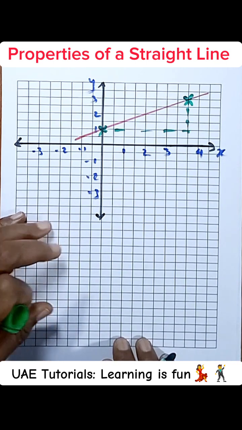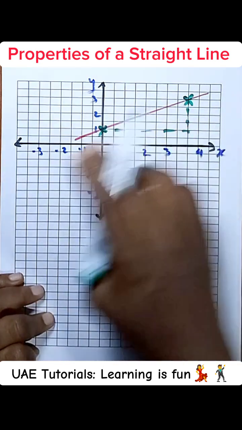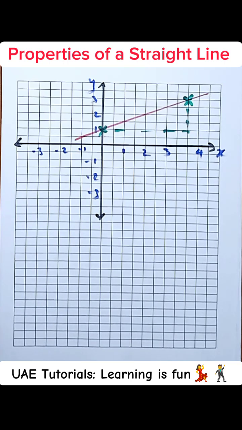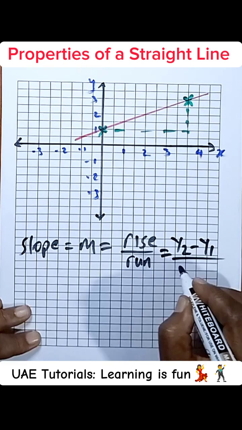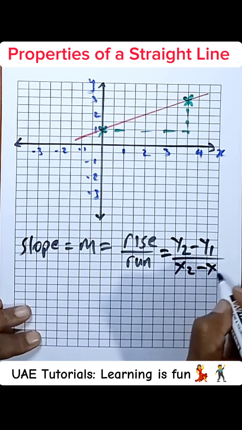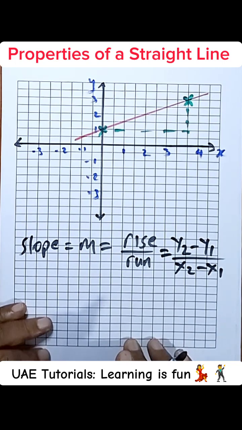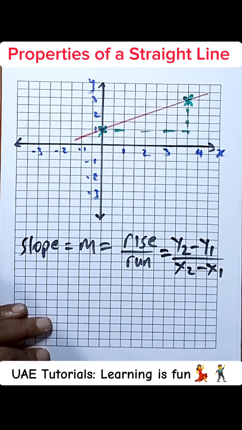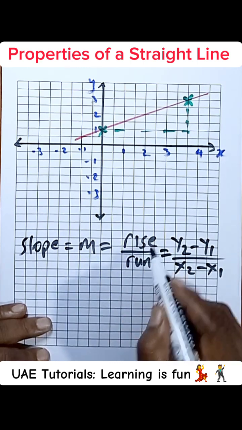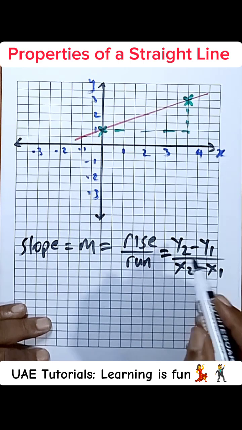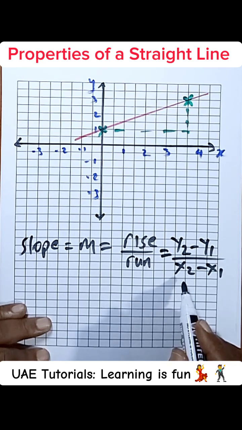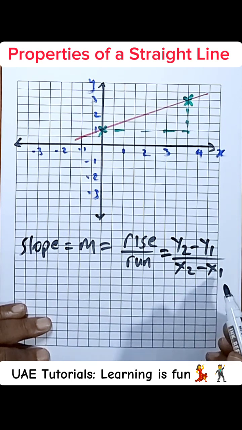Look at, for example, the slope of the graph that we drew. We said the slope is rise over run. I hope you are with me, that the slope is the same thing as the m, is the same thing as the gradient, and is equal to the rise over the run, and it is the change in y, that is y2 minus y1 all over x2 minus x1.